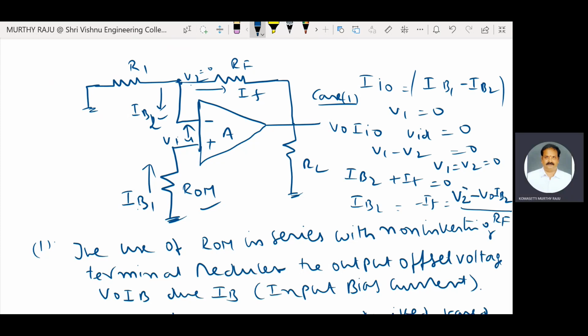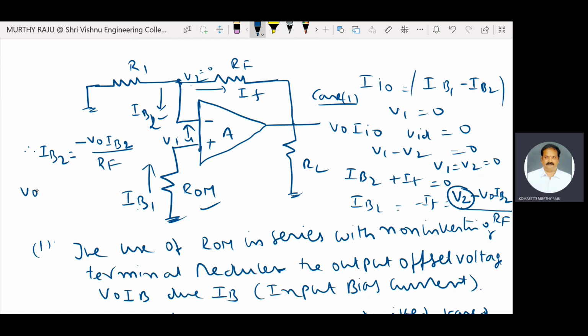Therefore, here V2 is equal to 0. Therefore, IB2 is equal to minus the output offset voltage due to input bias current IB2, divided by RF.